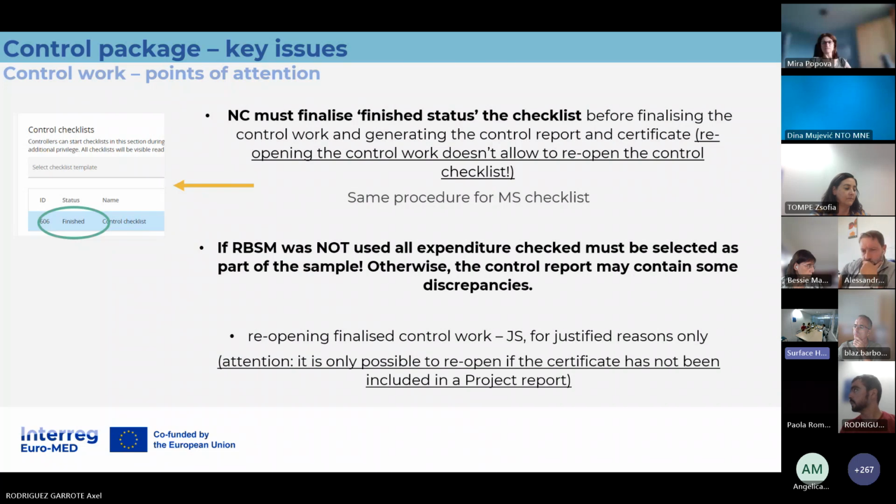I will show it later in detail, but then the lead partner removes the certificate from the report, and then we can reopen, and the controller can create the new external checklist. But the checklist must be there. It's mandatory to assure us also the eligibility. So always, with all these reopening things, always talk with the lead partner.